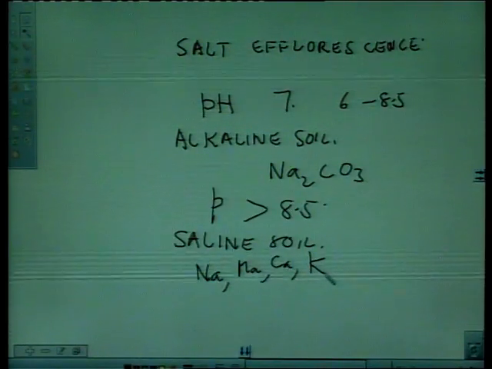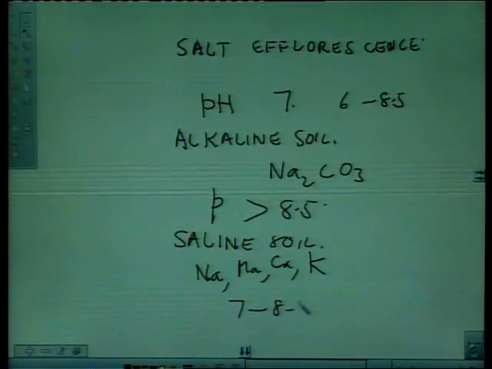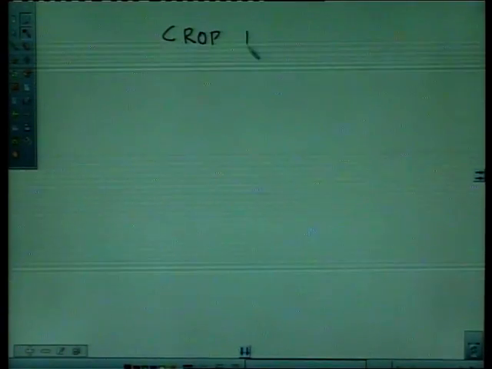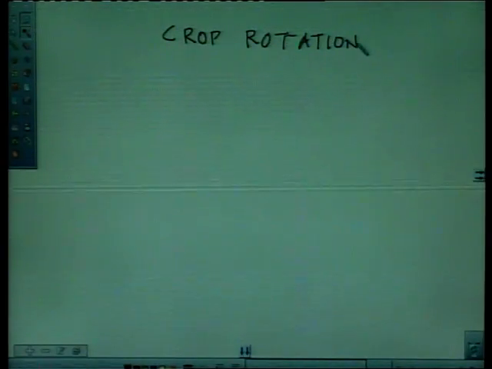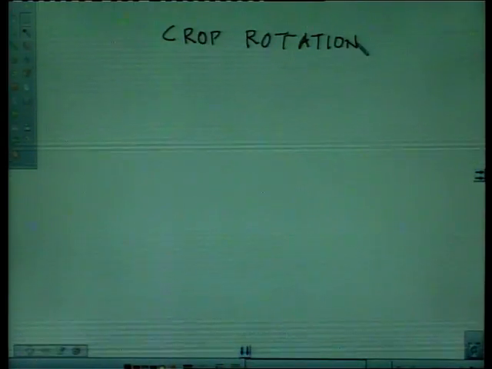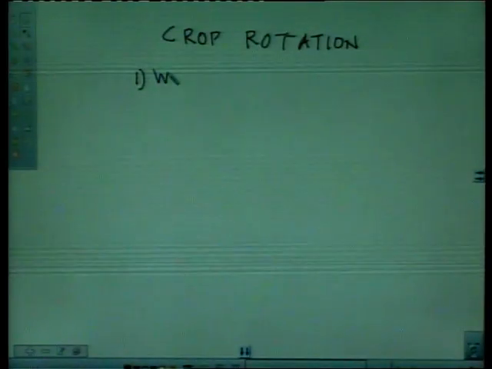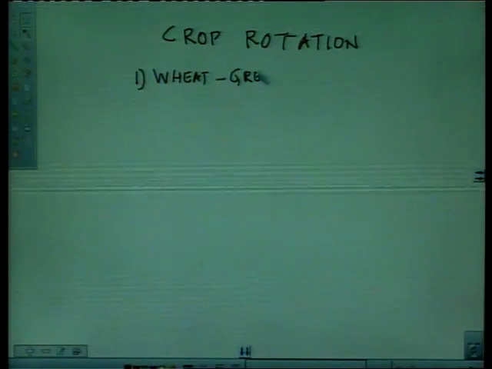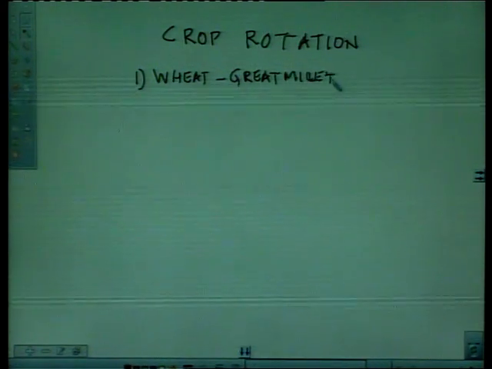The pH value of saline soil is between 7 and 8.5. Then we have crop rotation. In crop rotation we can sow like this: wheat, great millet, and gram.